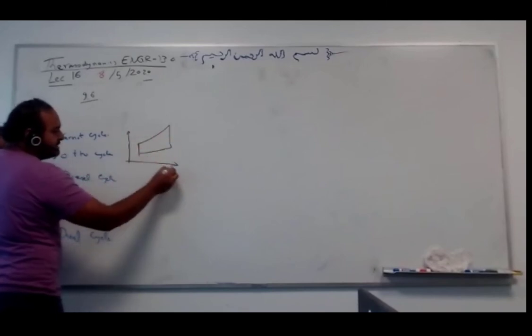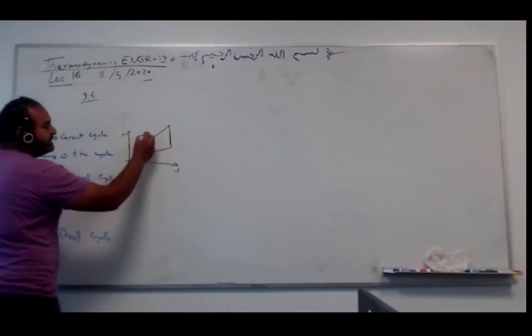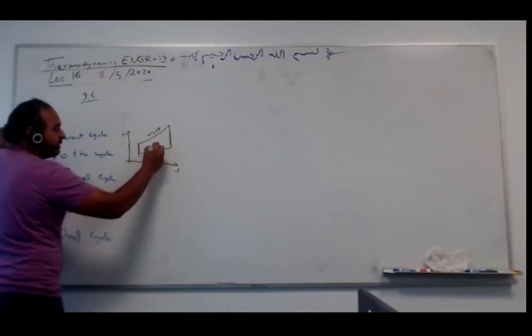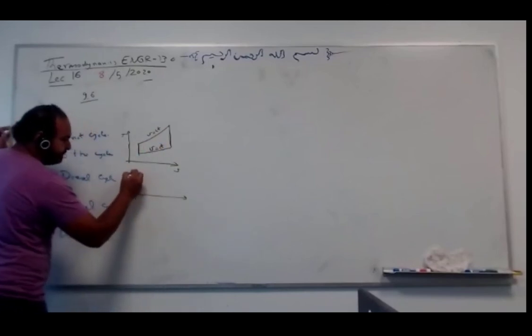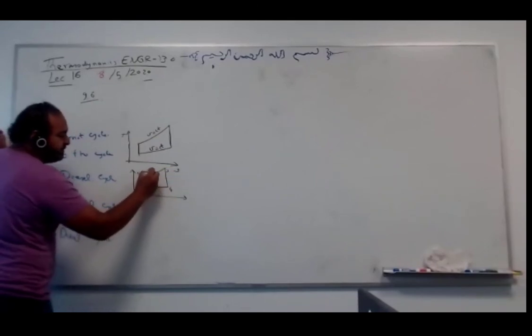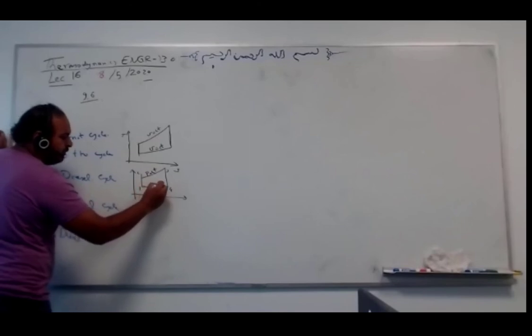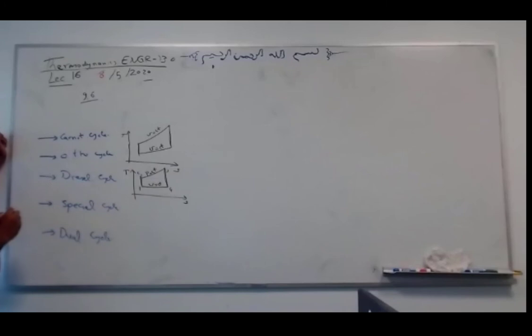I don't need to mention that this is isentropic, this is isentropic. But this is V equal constant, I need to mention that. In diesel, 1, 2, 3, 4, here I need to mention this is pressure equal constant. I don't need to mention that because it's constant entropy.